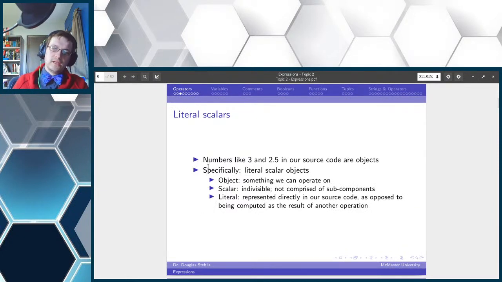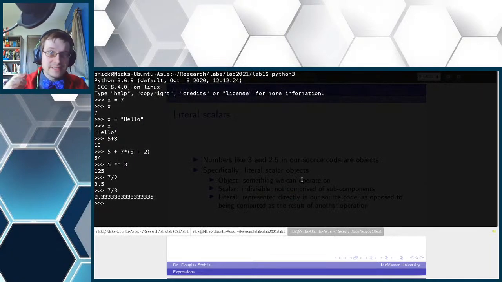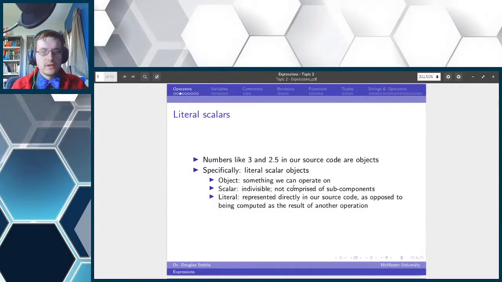So, numbers like 3 and 2.5 in our source code are objects. Specifically, they are literal scalar objects. An object is something that can be operated on. You will also hear me call them operands. Operator, operand. They are scalar, which means they are indivisible and not comprised of subcomponents.